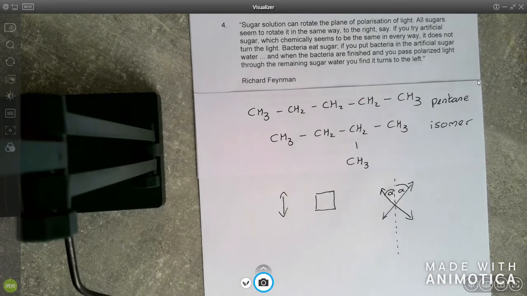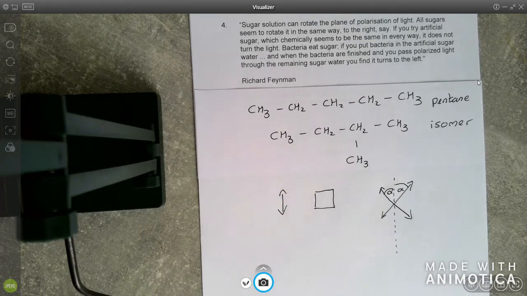And the final bit about the bacteria. So the bacteria have evolved to digest only the natural right-handed sugar. So they leave behind the other left-handed type.